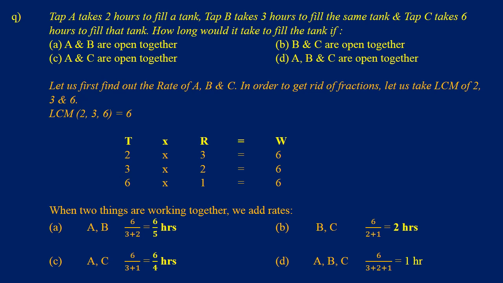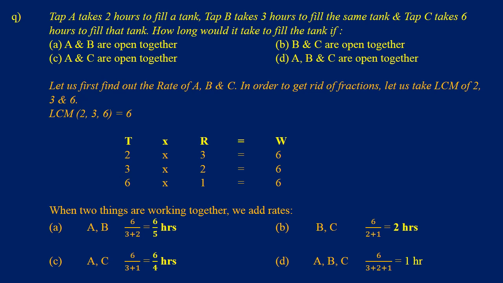Now, let us look at the 3 cases of tap A, tap B, and tap C. The work done in all of the 3 cases is 6. Tap A takes 2 hours to fill the tank, and 2 times 3 will give us 6. That is the rate of A. It can fill 3 gallons every hour. Tap B takes 3 hours to fill the same tank, and 3 times 2 is 6.